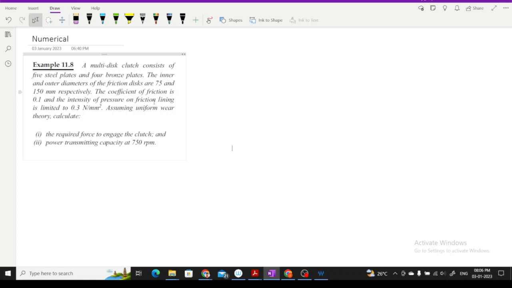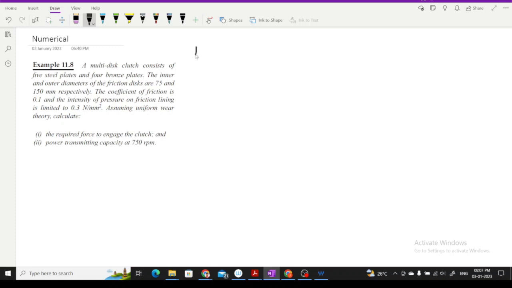Did you get the power transmitting capacity? The number of contact surfaces is... Yes, correct. So then what will be your answer for the power transmitting capacity? Is it 9.4 kilowatt? Correct, correct.